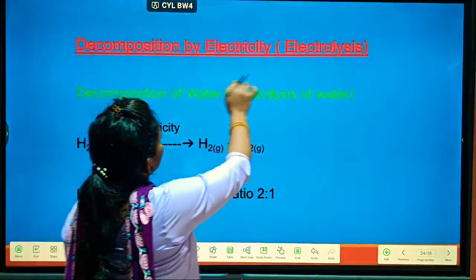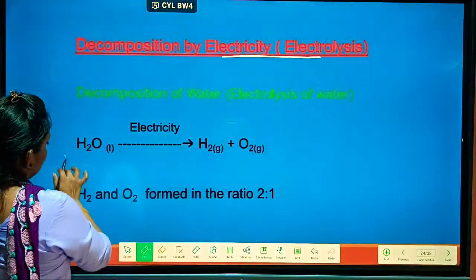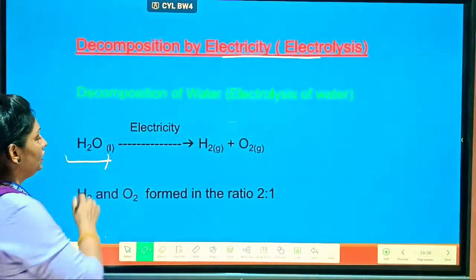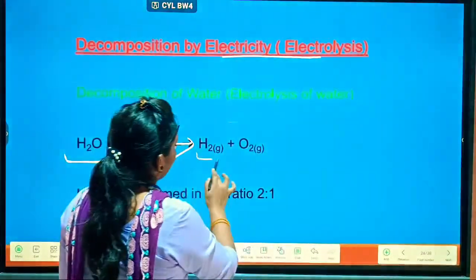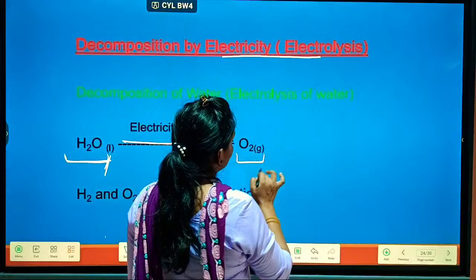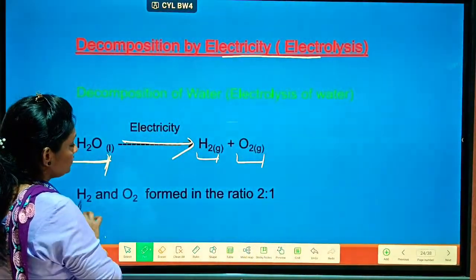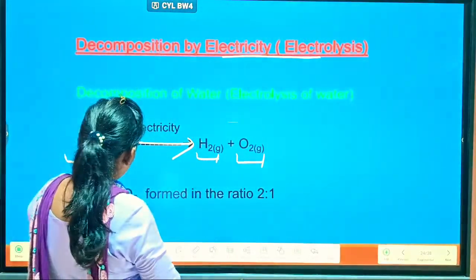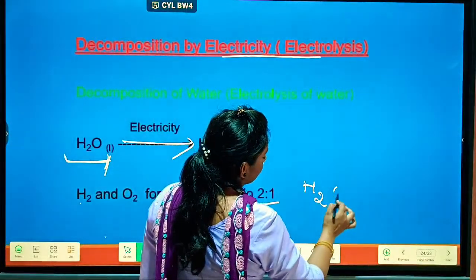Then this is decomposition by electricity. Already I have given this example. If we have water and we pass electricity through it, then it can be decomposed into hydrogen and oxygen. Okay. So students, water is formed when hydrogen and oxygen combine with each other in 2:1 ratio.